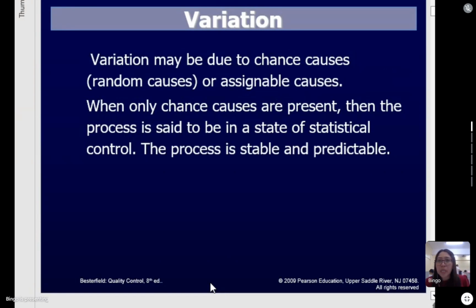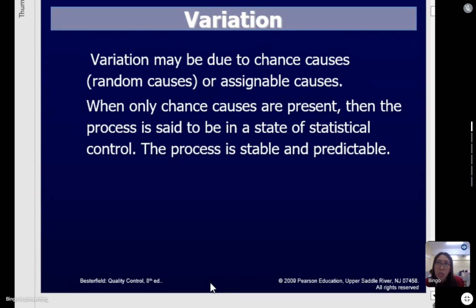Okay. So another variation may be due to chance causes or assignable causes. When only chance causes are present, then the process is said to be in state of statistical control. So ibig sabihin, there are what? Inherent na. Okay?